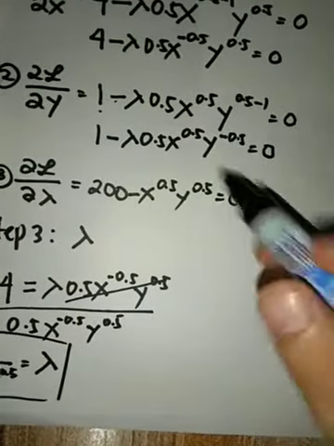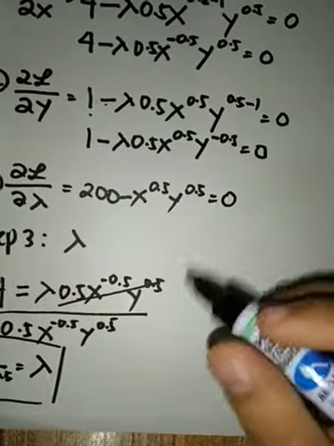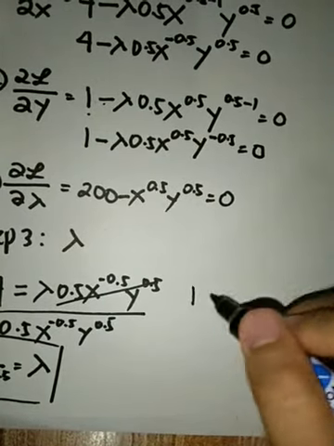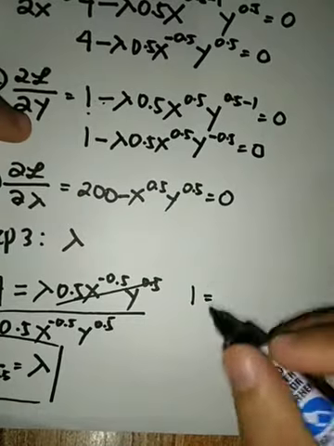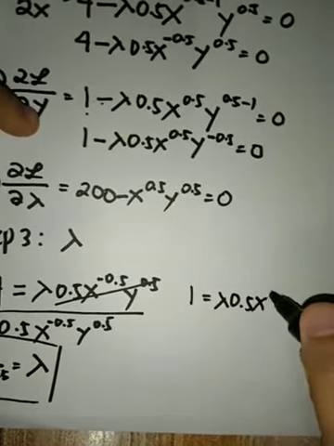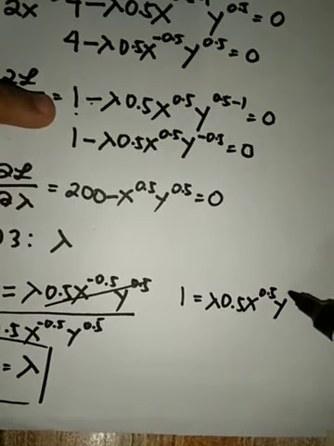Then the second lambda, which can be found in the second FOC, what we will do is 1 equals, because I will transpose it to the right side, lambda times 0.5 x raised to 0.5 y raised to negative 0.5.